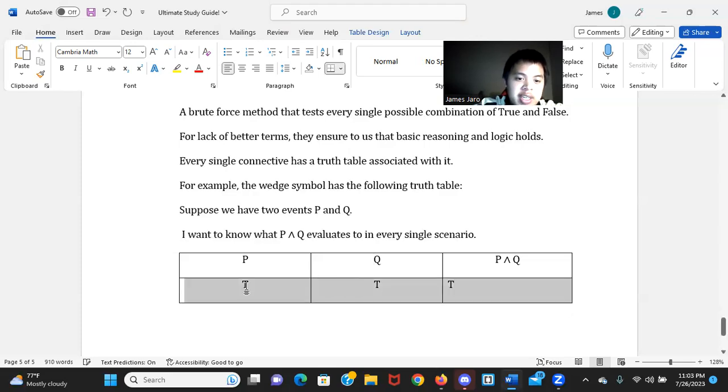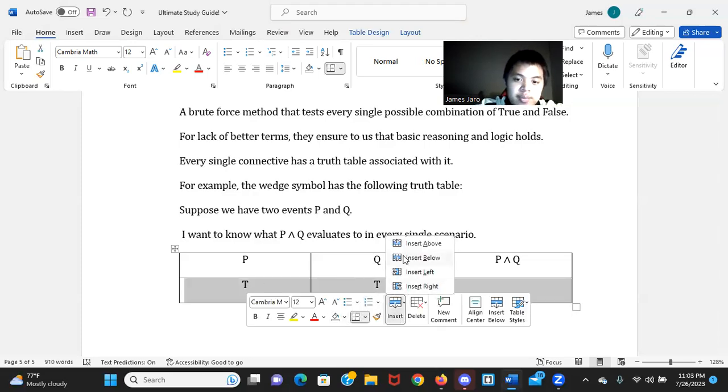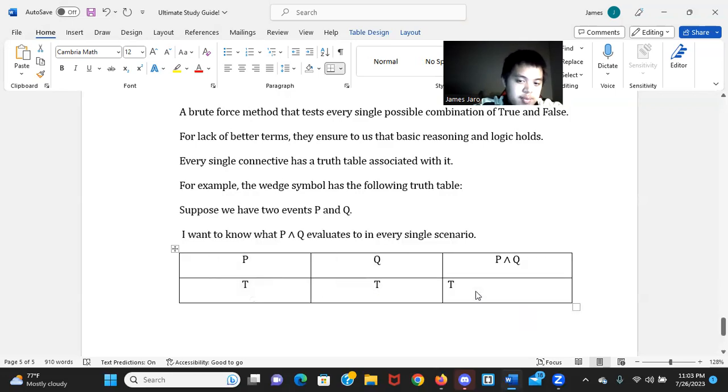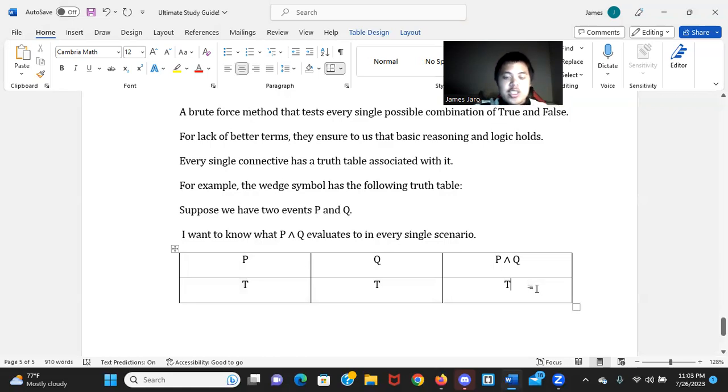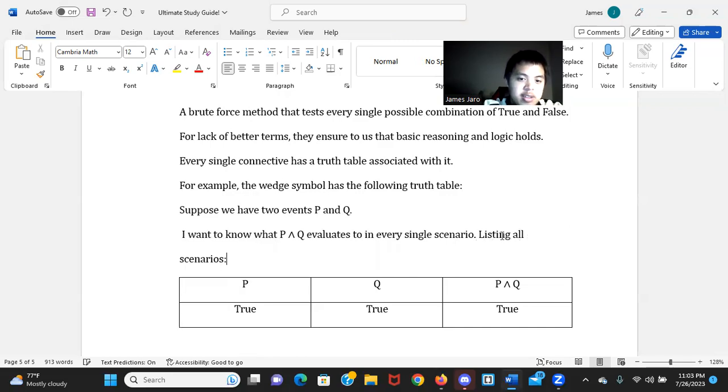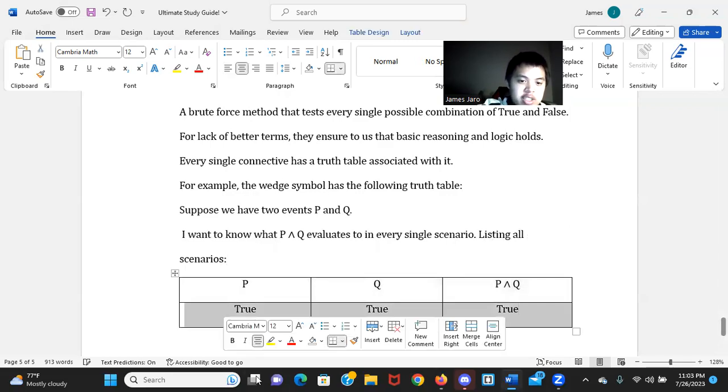So we know that this evaluates to true. So listing all scenarios gives us the following. If both event P and Q happen, we know that P wedge Q has to happen.